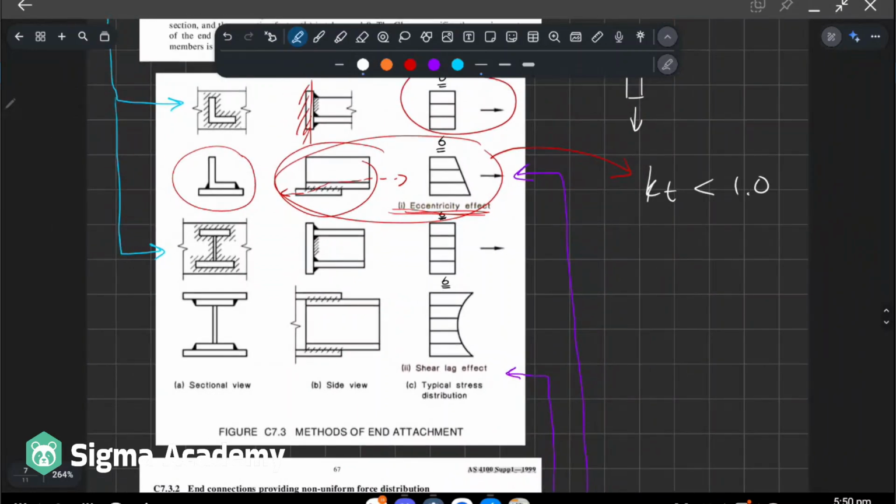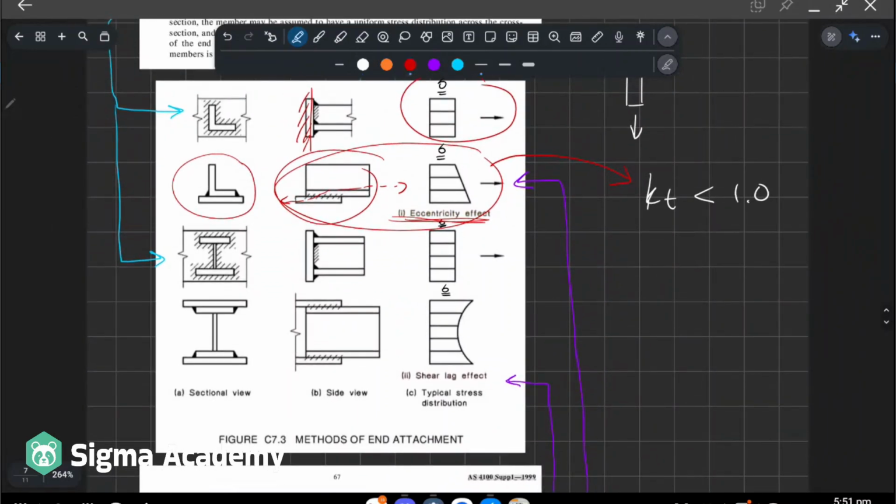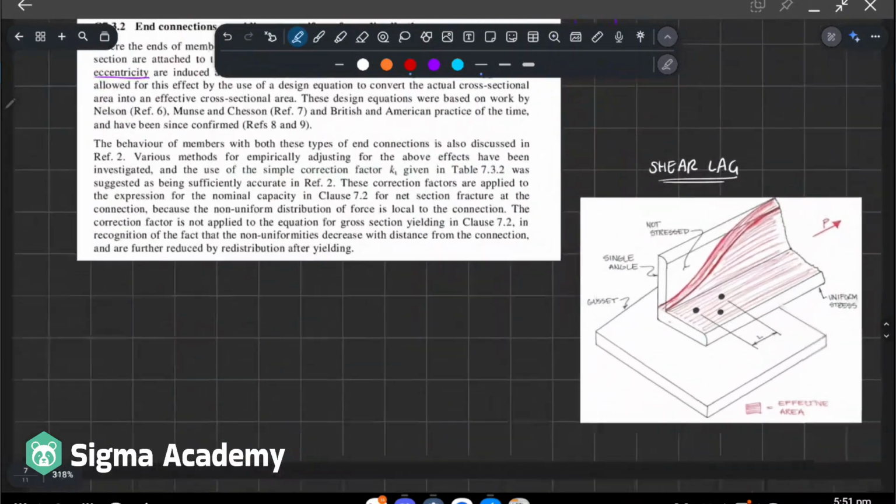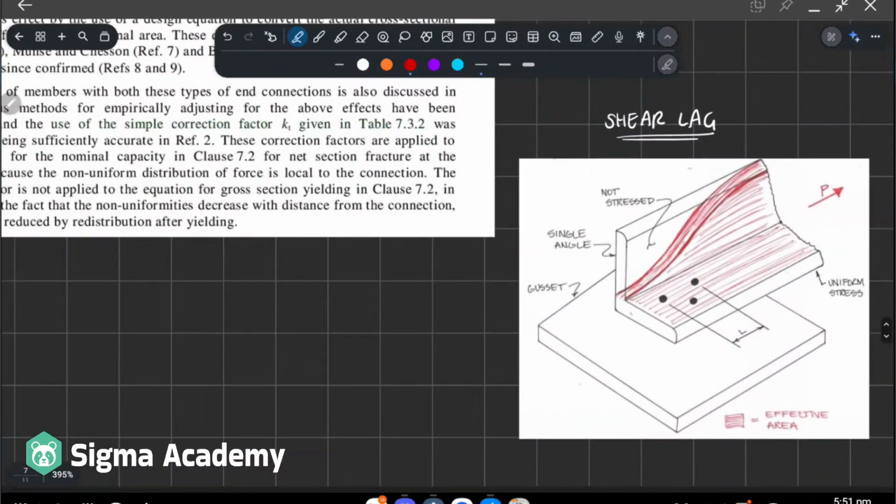Okay, the next thing is shear lag. So the easiest way to think about shear lag is through a drawing like this, where it takes some time for, not time, that's not the right word. Essentially, there are parts of your member which are stressed, which is done in red here in this drawing, and there are parts that aren't stressed.